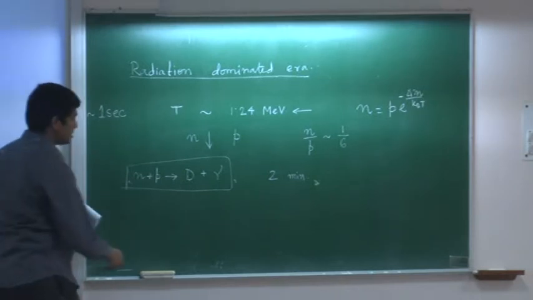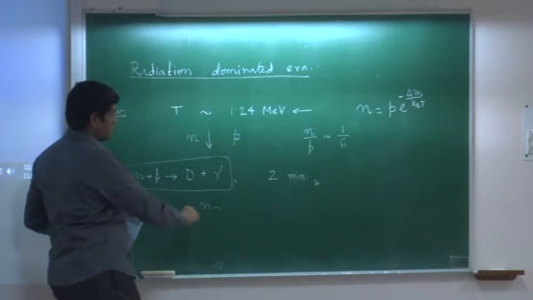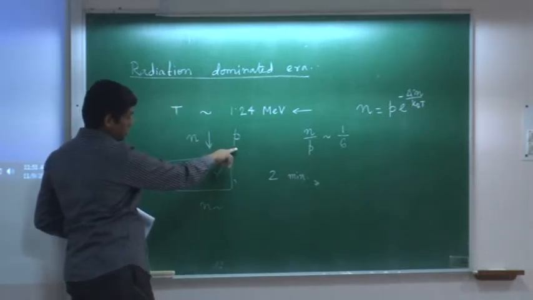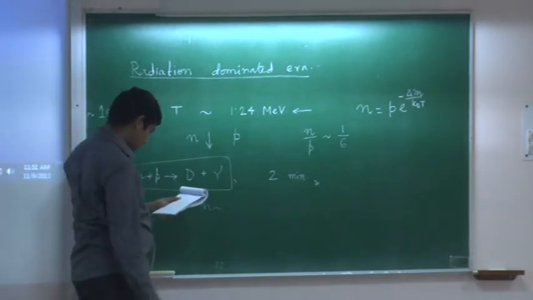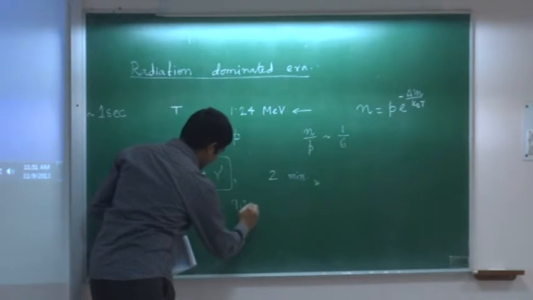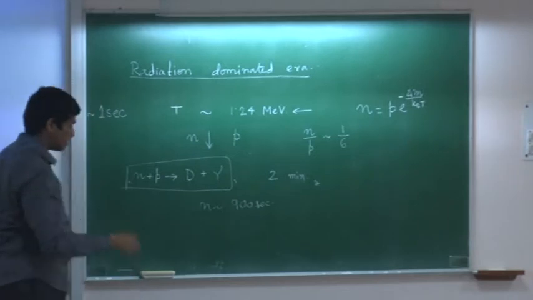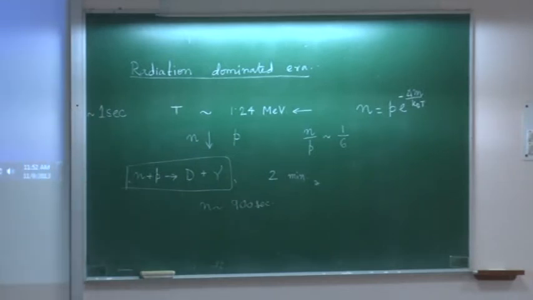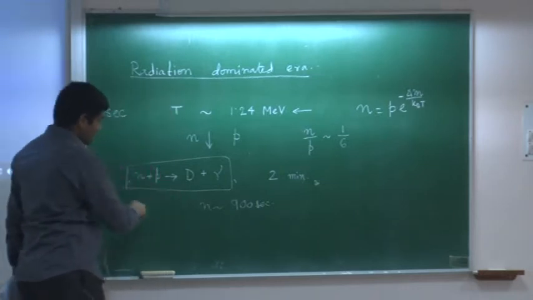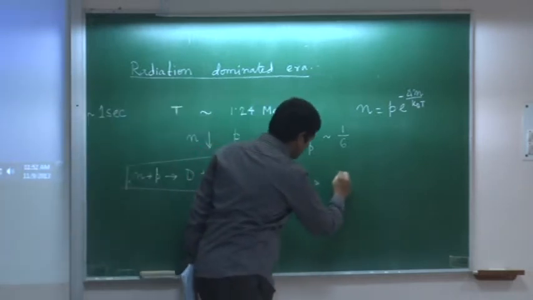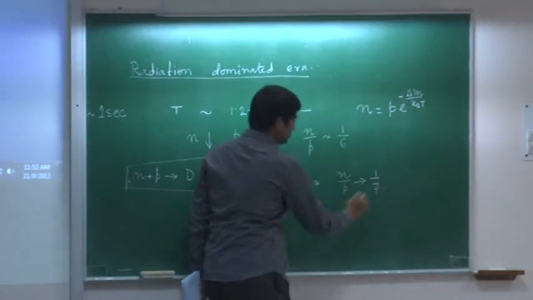And if you ask how the neutrons are falling, the half-life of the neutron is around 900 seconds, which basically means that in 2 minutes, which is 60 into 2, 120 seconds, all the neutrons have not been converted to protons. But some of them have, and your neutron to proton ratio at that time has fallen to 1/7.